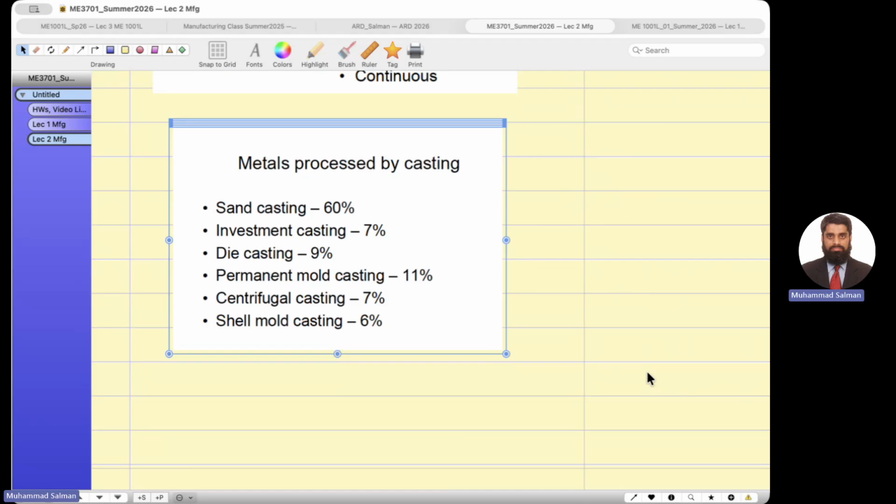Centrifugal casting, as you know from centrifugal forces, like our dryer machine where the clothes go to the circumference of the drum, the molten metal adopts the shape of the centrifugal drum. Shell mold: you make a shell mold.